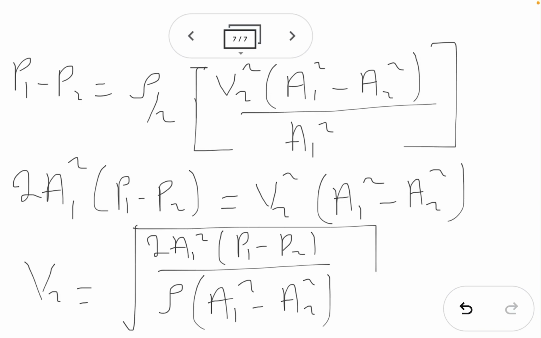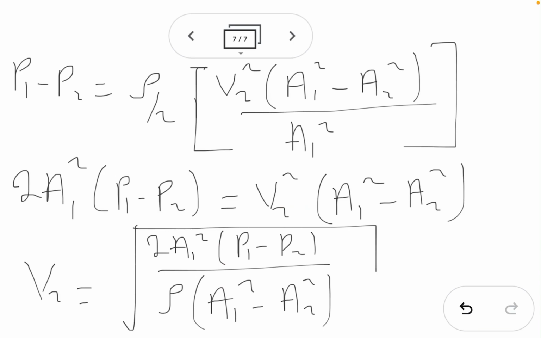So I think now you can see that life has become easier. We simply find first the areas. Now the pressure difference is already given, remember. I think that is 1.2 kilopascals.